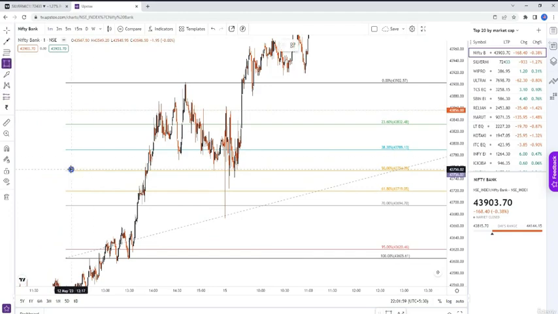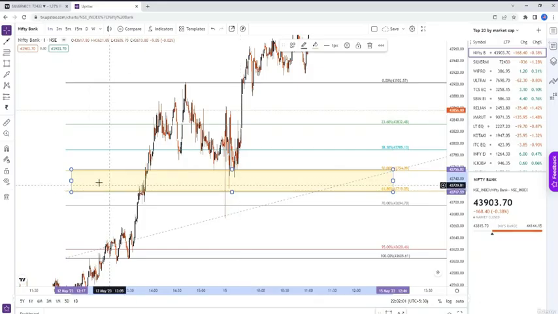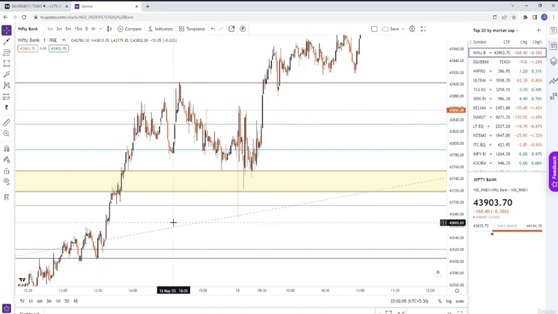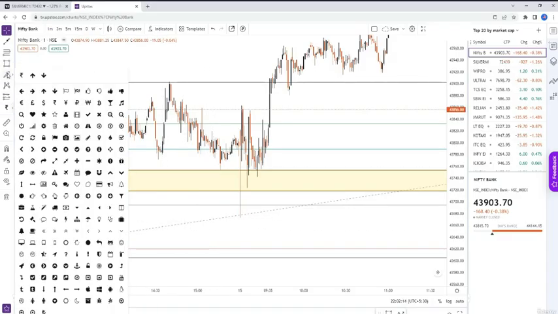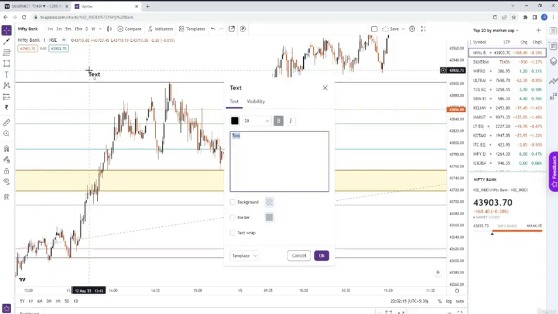How do I enter these areas? If I'm in a buy trade, keep in mind, I always enter in pairs of two. I always use a concept called pair of two, even pair.